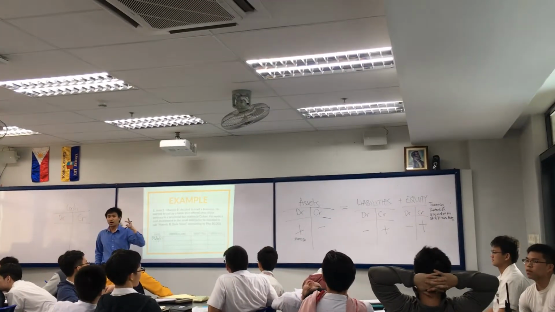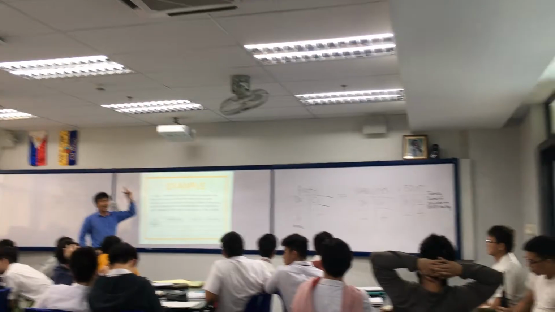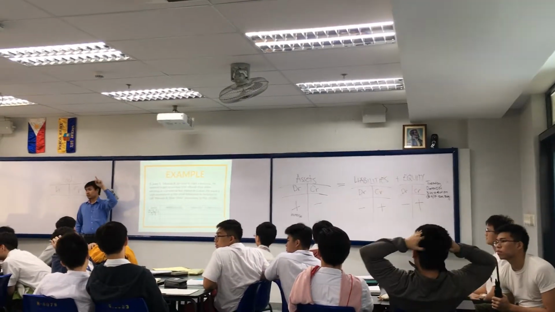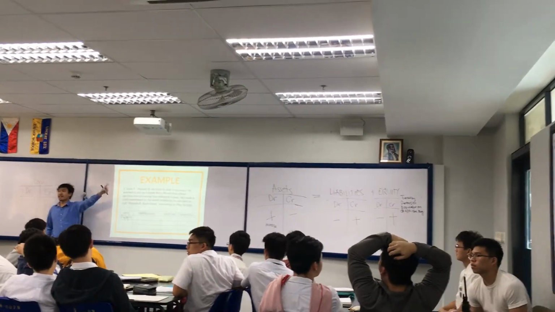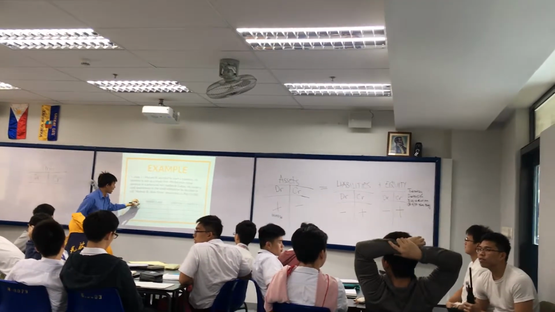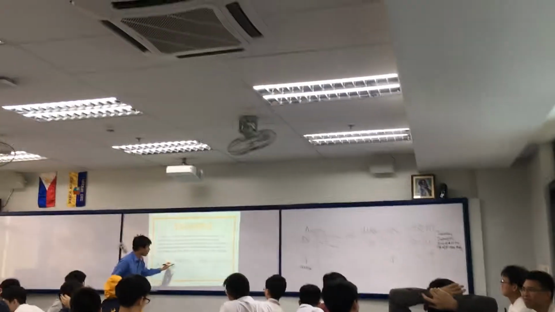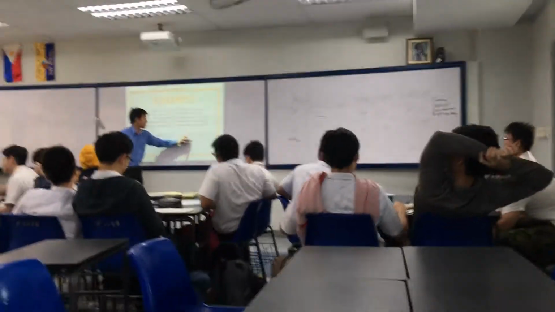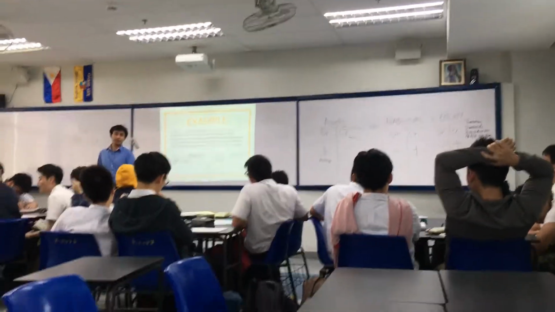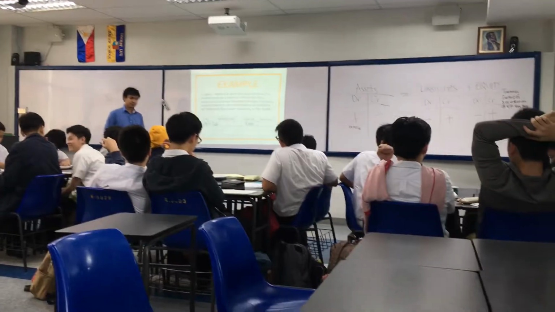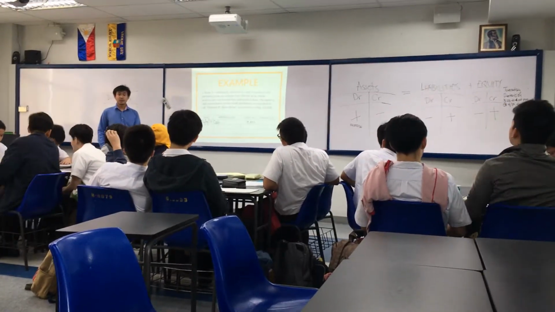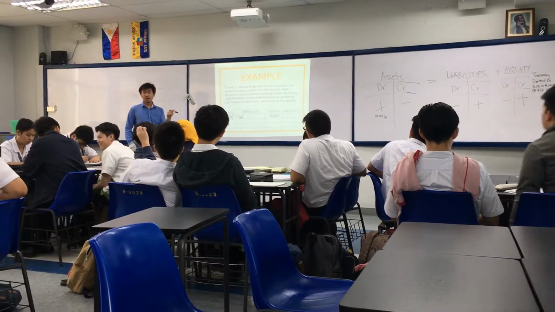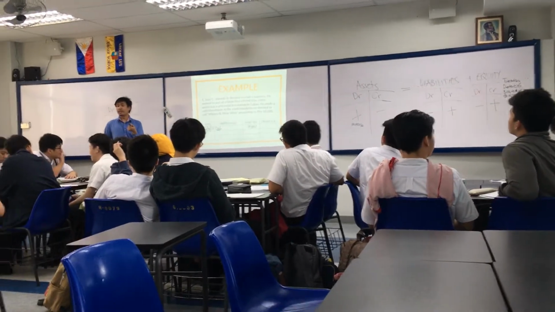Now, second component is the debited account. What's the debited account here? Cash, because it's an increase in asset. So we have to write cash here. How much? Now, what's the credited account?